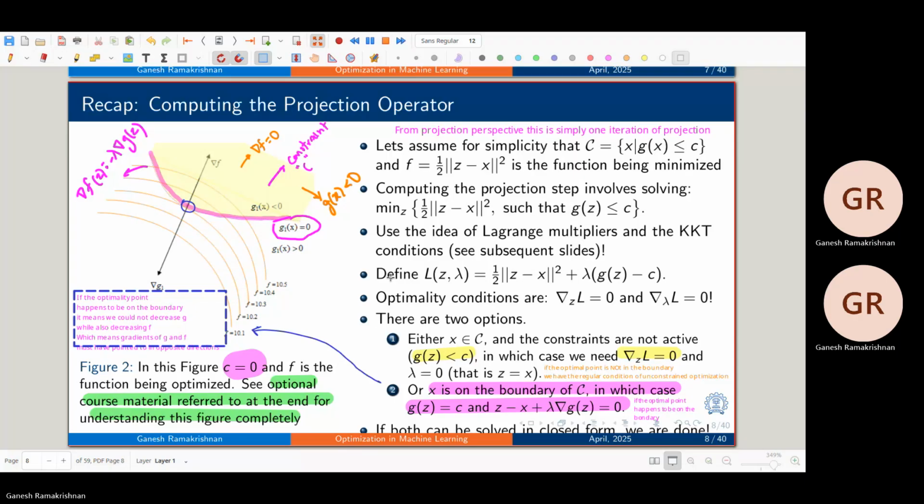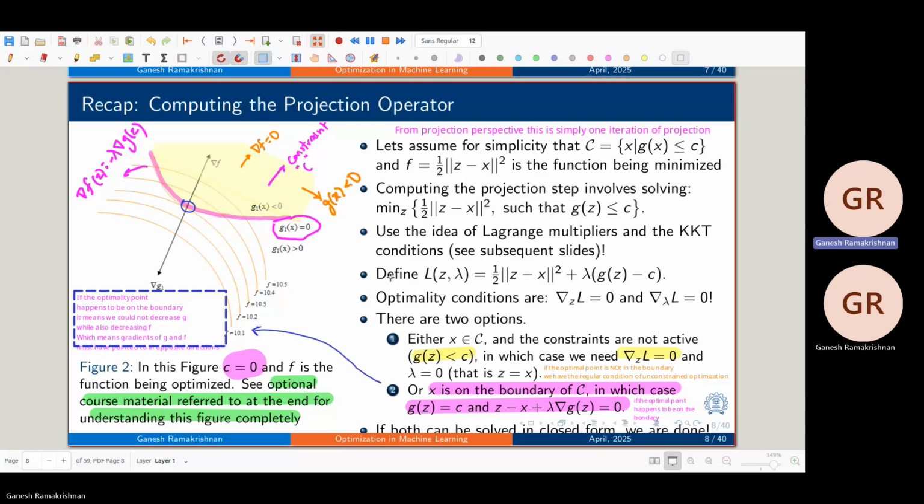What we are saying is the gradient of f at x star plus lambda times the gradient of g at x star must be 0, and lambda times g1 of x star must be 0.